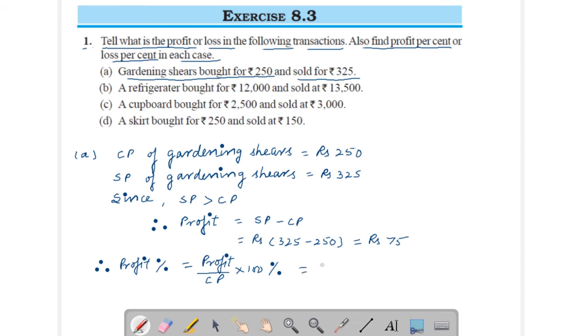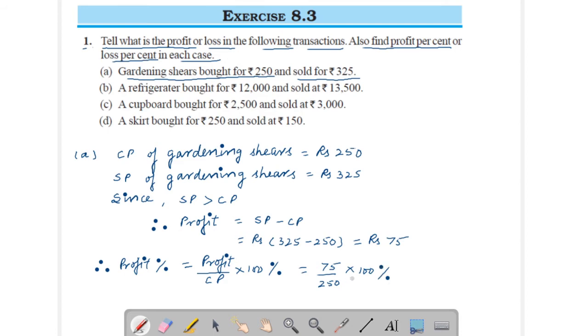Profit is rupees 75, cost price is rupees 250, into 100%.